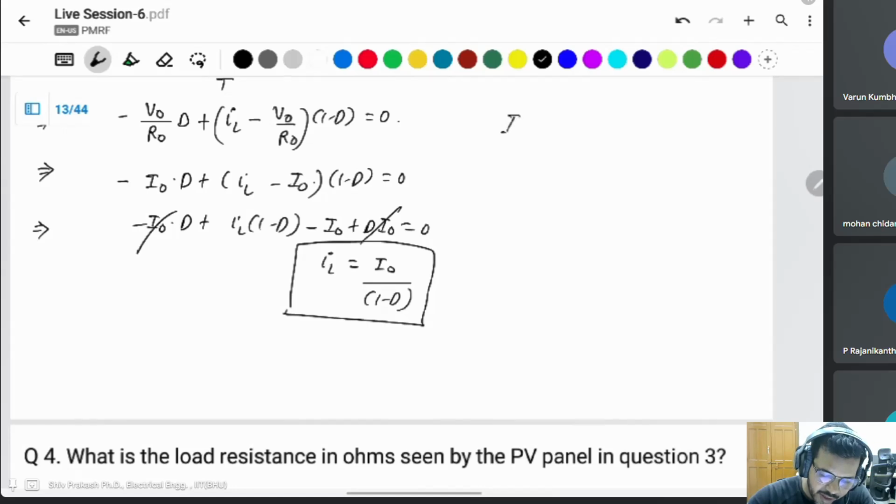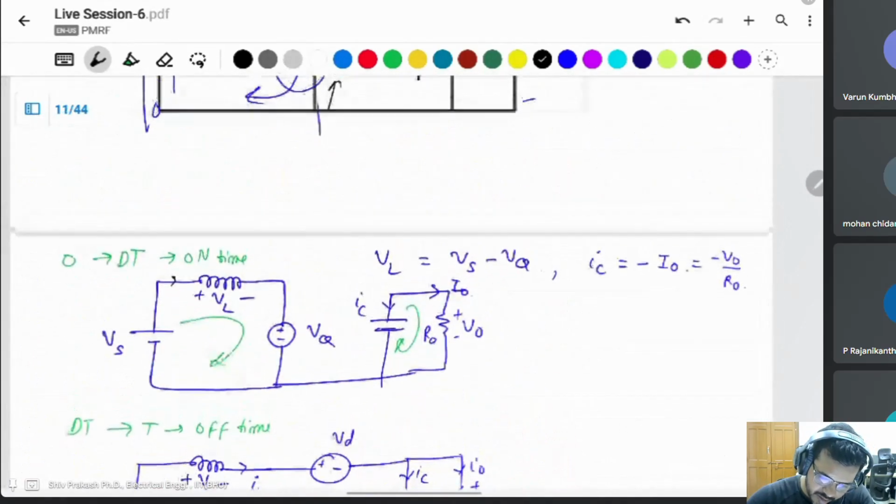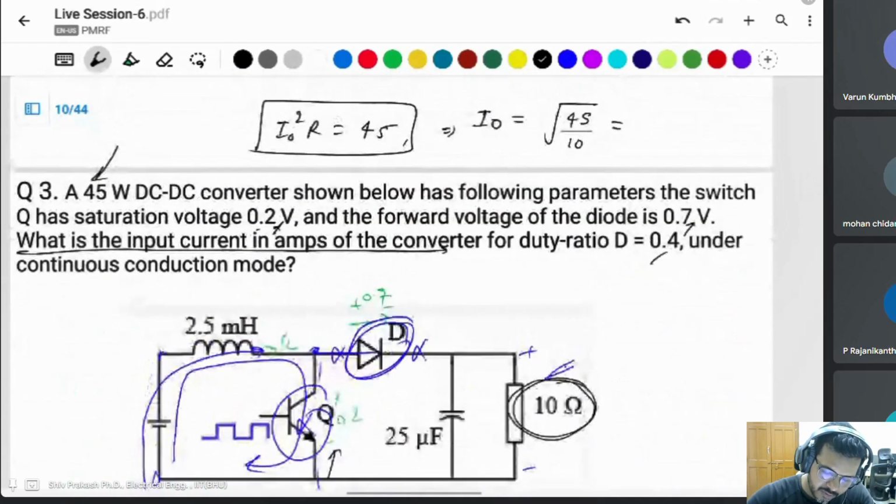Then I naught is equal to what is given, 45 divided by R naught, which is 10. You can calculate from the calculator: 45 divided by 10, root of this one, 2.12.